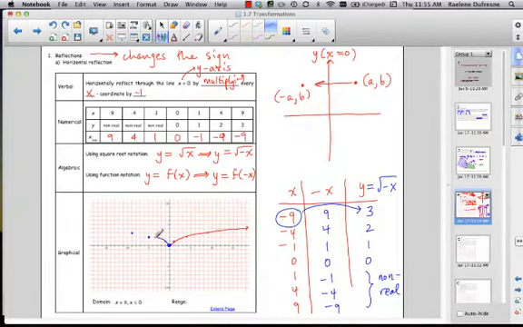So the graph has been horizontally reflected to look like this. So the blue is the graph of y equals the square root of -x.